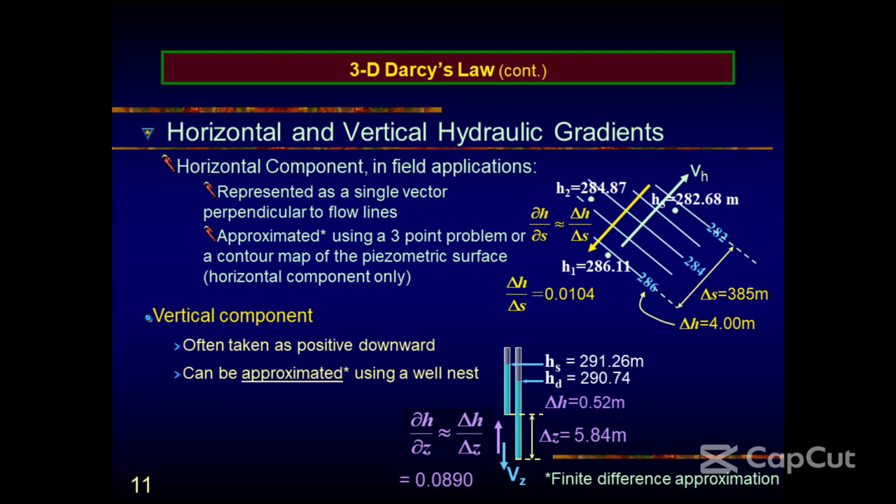Of course, sometimes they may not necessarily be straight lines, because these are imaginary lines. It means at every point on this line, the pressure head is 286. And this is practically possible, isn't it? Because this is the ground surface.